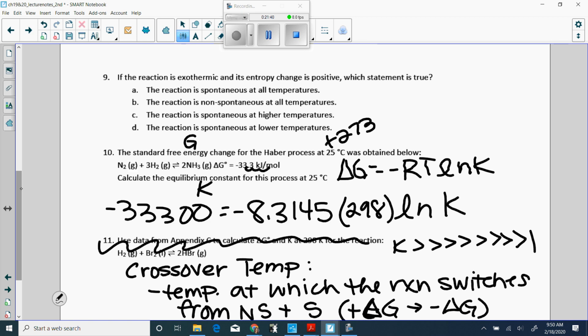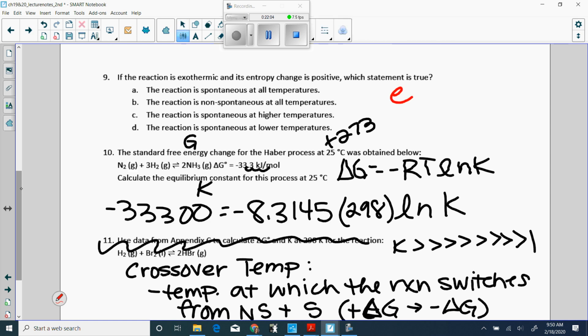I'm solving for K. So like 7th grade algebra, I would take my negative 33 number divided by this. And then to undo a natural log is a button. Second natural log is e to the x. I'm right up here.